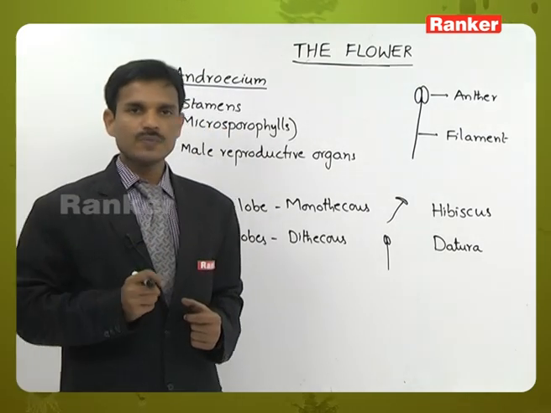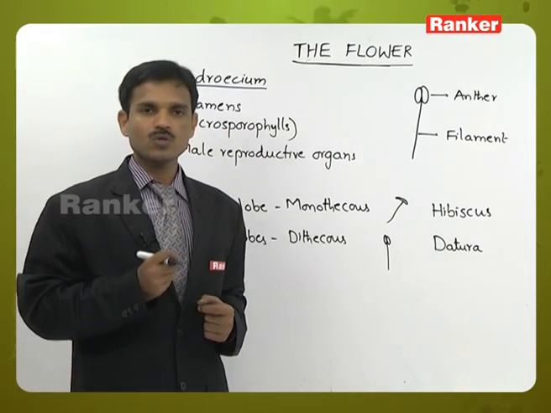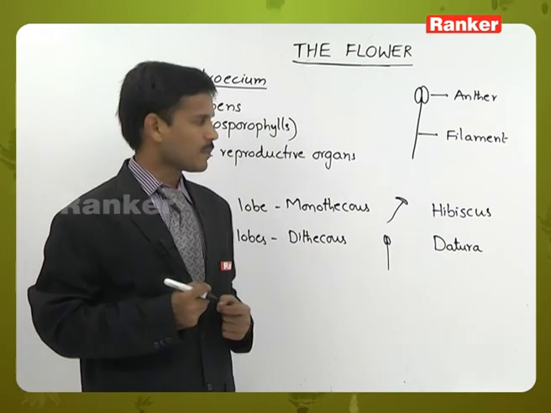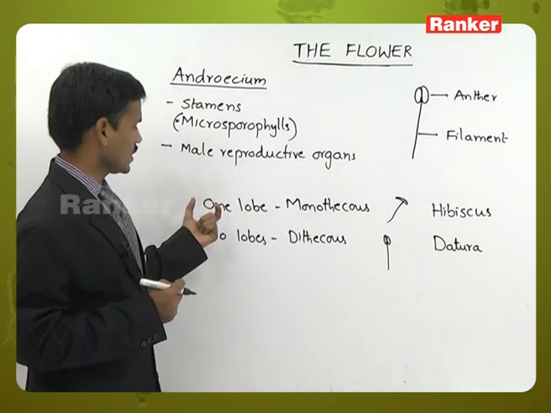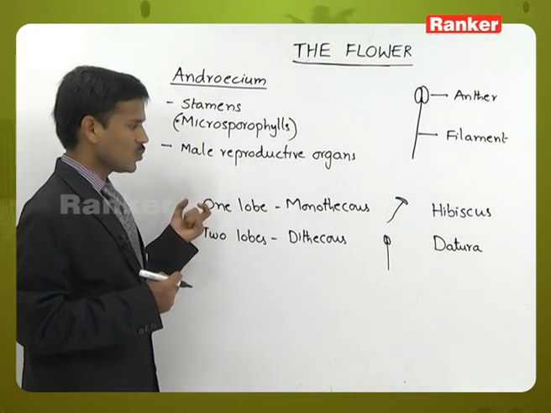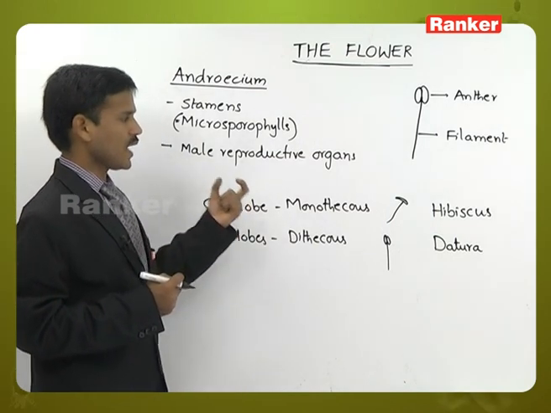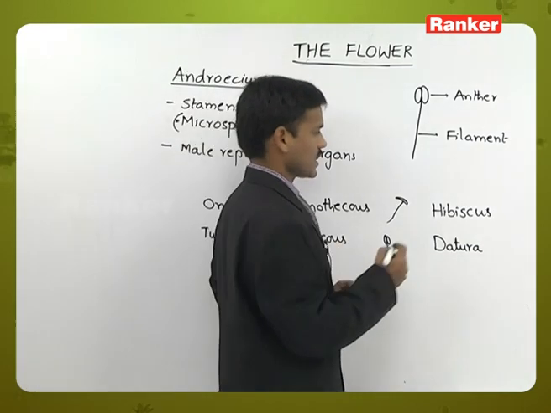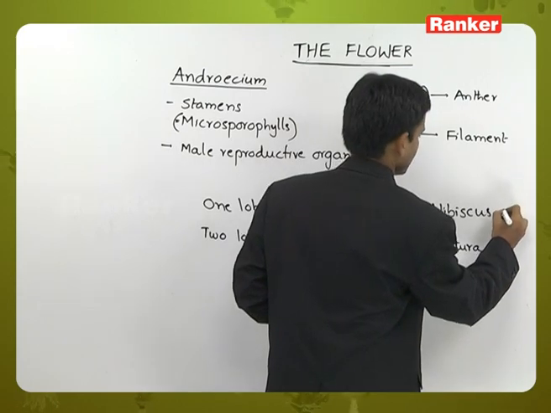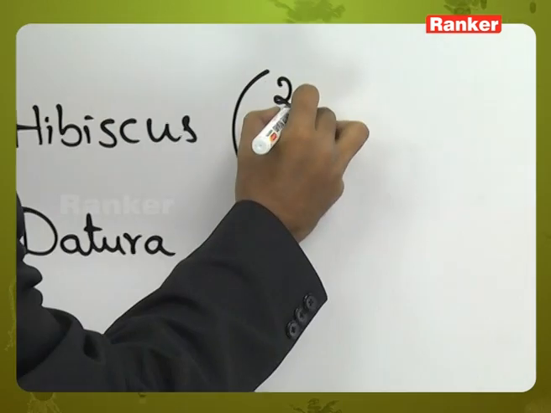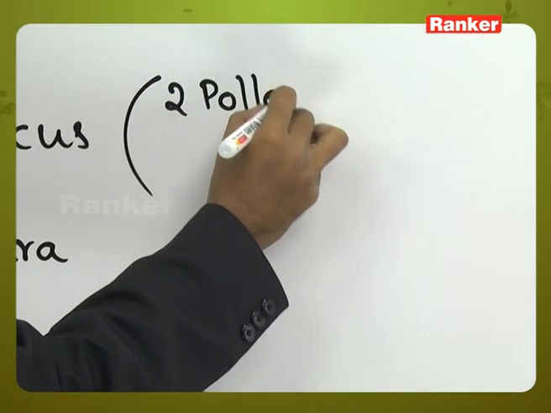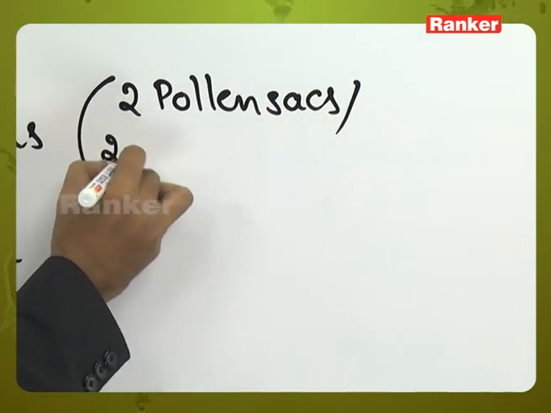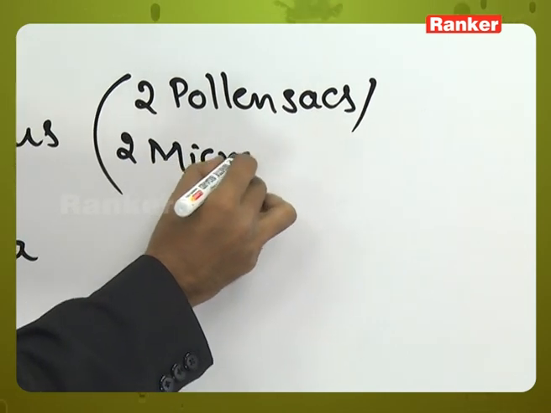Here in each lobe, two microsporangia or two pollen sacs or two pollen chambers are present. So, a monothecous anther having only one lobe has two microsporangia or two pollen sacs.